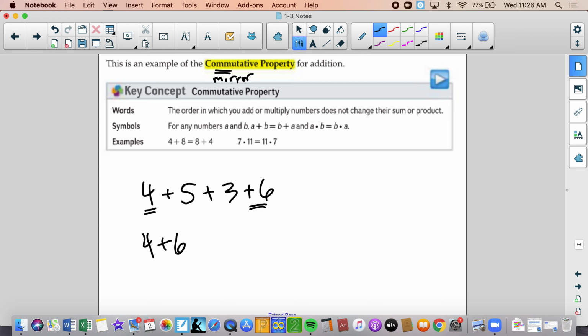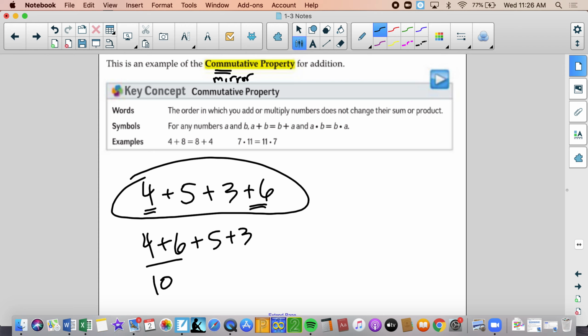We can push that 6 over there, and add 4 plus 6 first instead of 4 plus 5, because order of operations would tell me to add 4 plus 5, the first one left to right. But with the commutative property, as long as all of these are addition, we are able to commute this. It's only when they all are the same operation.